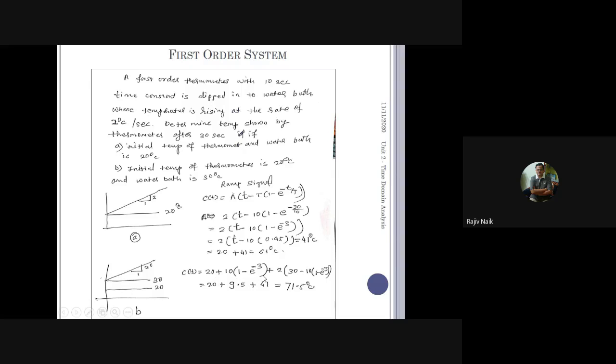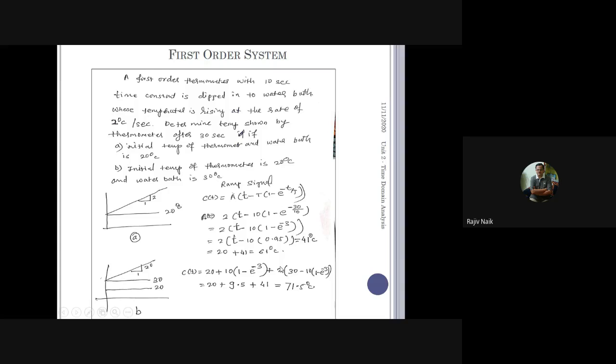So this is the step signal. And this is the ramp signal, which is the same as this: 2 into 30 into bracket minus 10 into 1 minus e to the power minus 30 by 10, that is minus 3.